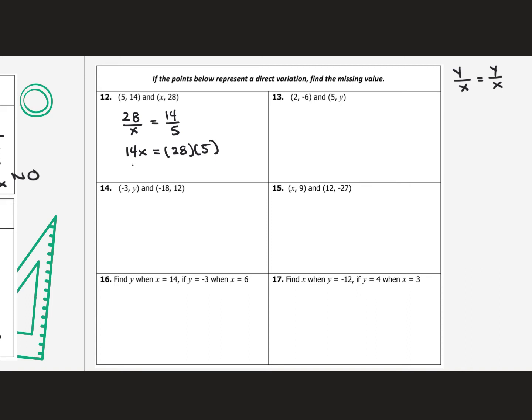All right, so I get 14x is equal to 140. We're going to divide both sides by 14, and we get that x is equal to 10.